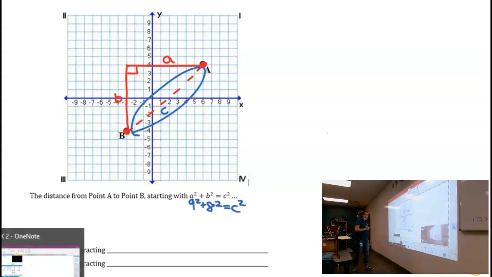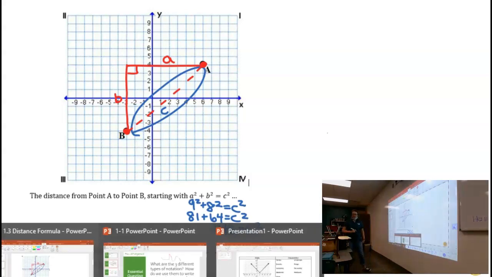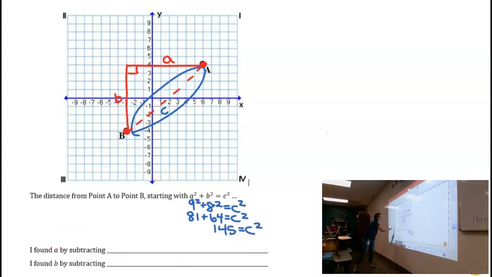So I'm going to go ahead and do my math. I have 9 squared, which is 81, plus 8 squared, which is 64, equals c squared. 81 plus 64 is 145.